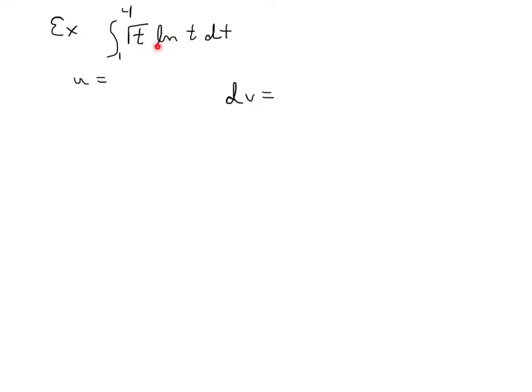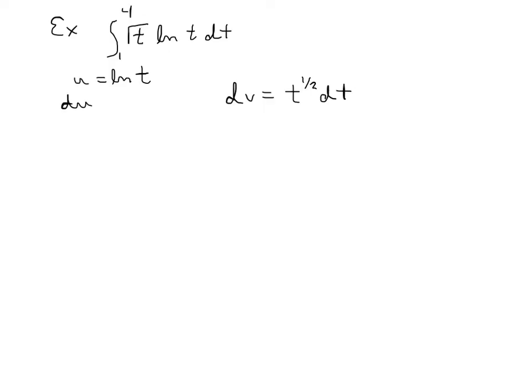And we don't know how to do that without another, actually you can integrate it, but it's an integration by parts. So it would be parts within parts. But we do know how to take the derivative of natural log of t. So we want to specifically choose u as our natural log of t, and then dv would end up being the square root. So the square root is the same thing as something raised to the 1/2.